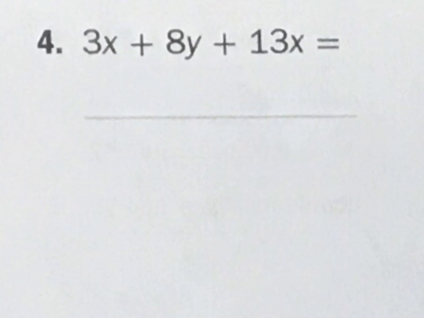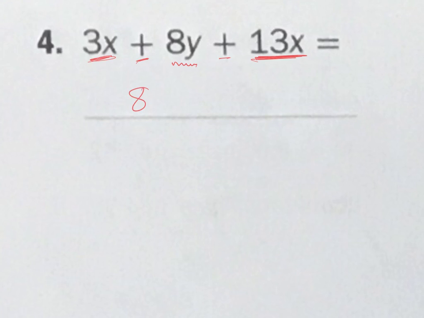We have 3x plus 8y plus 13x. These are plus, so we can add together just the like terms. I have some x's here, I have some x's here, and here I have some y's. So the y's aren't like anything else.